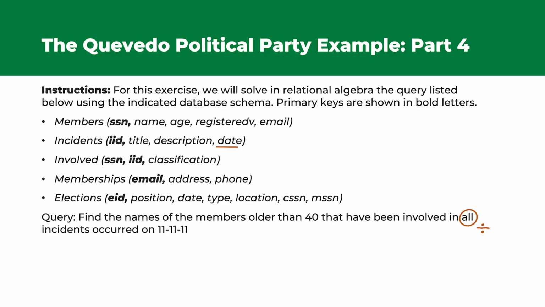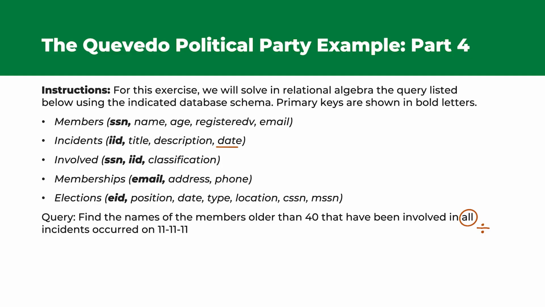I'm going to find, from table incidents, all the incidents that occur on that specific date. And then I'm going to look for the social security numbers that are involved in all those incidents, not in 1 or 2 of the incidents. If there are 5 incidents on that day, it has to be in all 5. Being in 4, less than 5, doesn't qualify for the all in the case of the division. So that means I have to do a division between the relation involved and incidents.